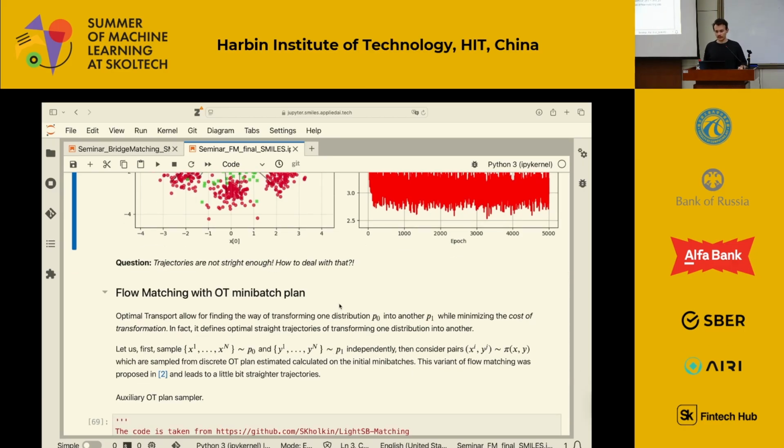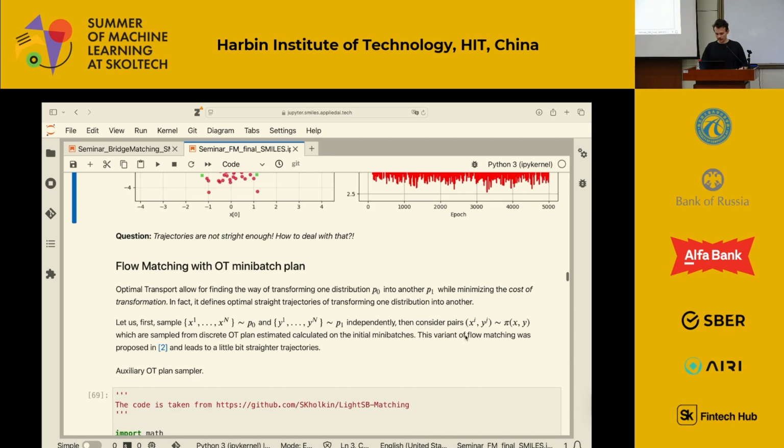So first, we will introduce an optimal transport mini-batch plan. Alexander said we can use flow matching with different transport plans as an input. So basically consider some samples from P0, some samples from P1, and you want to construct a joint distribution P, which has some properties, and you sample x and y from this distribution.